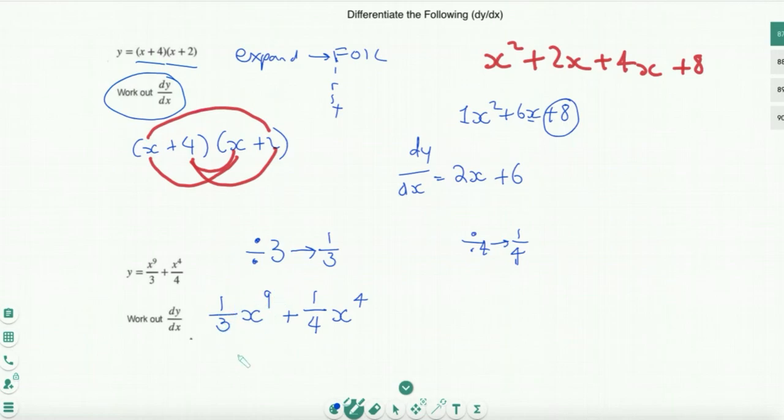So 1/3 times 9 is 3x. We'll subtract the indice by 1, so 8, plus 1/4 times 4 is 1x, and we'll subtract the indice by 1 again, 3. And this is our answer. So dy over dx is equal to 3x to the power of 8 plus 1x to the power of 3.